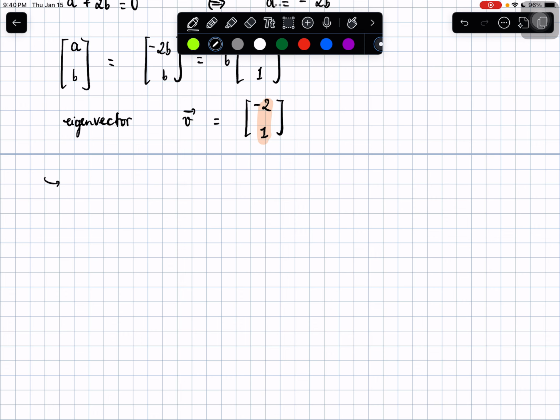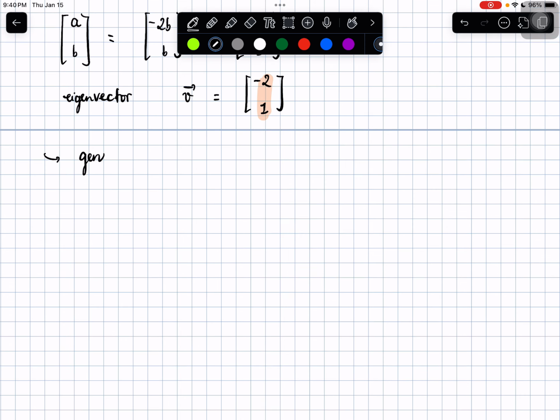We now find the generalized eigenvector. The generalized eigenvector, let's say v2, is linearly independent from v, and A minus lambda I squared times v2 is 0.